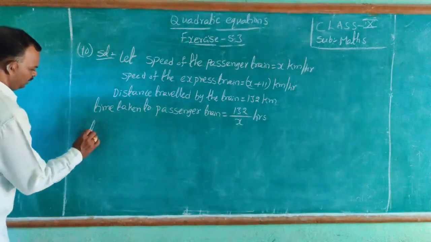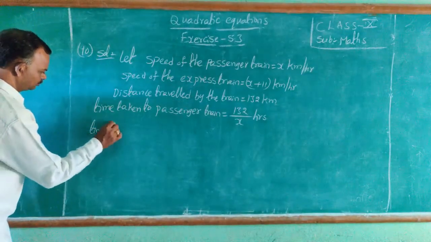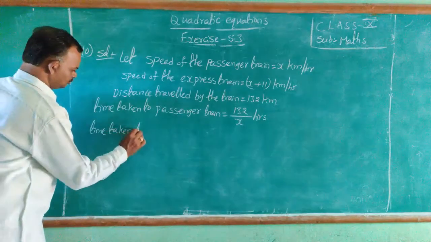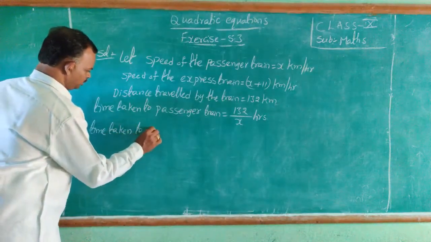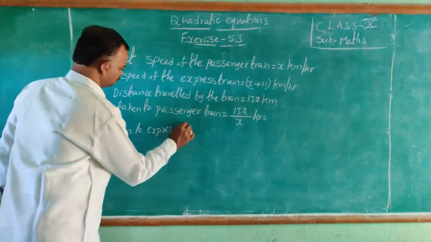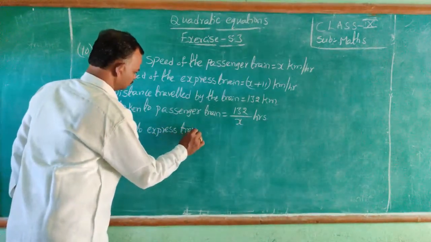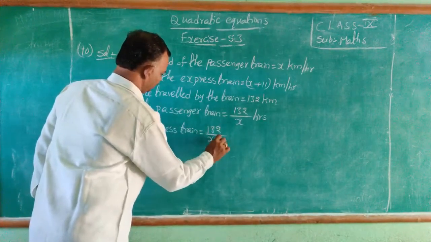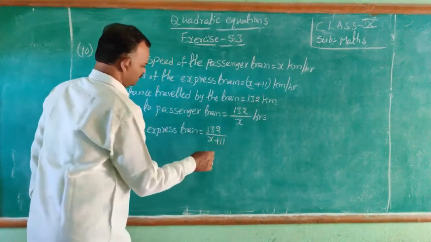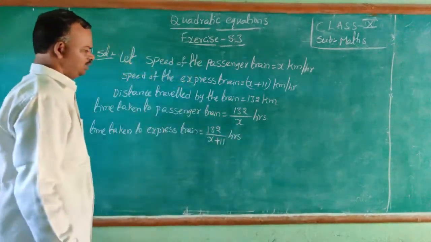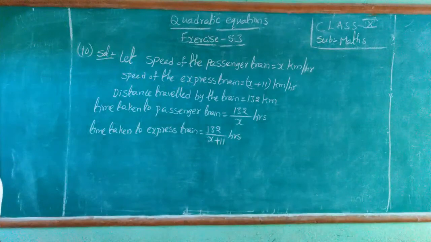Next, time taken by express train is 132 by x plus 11 hours.